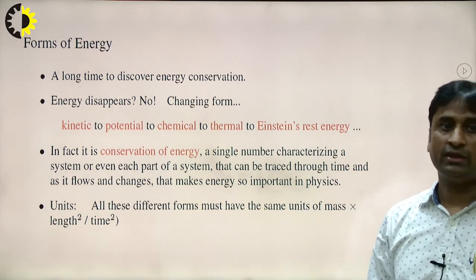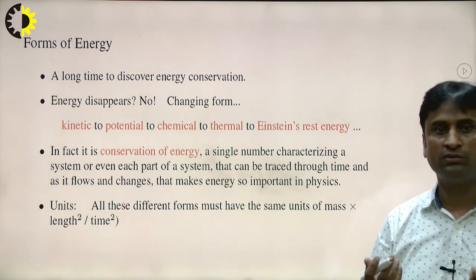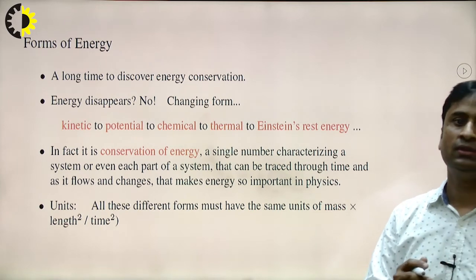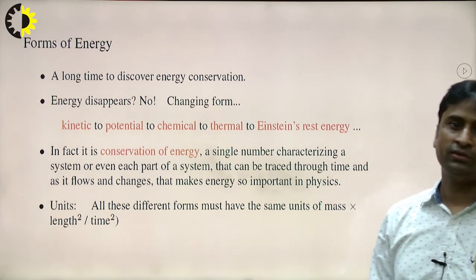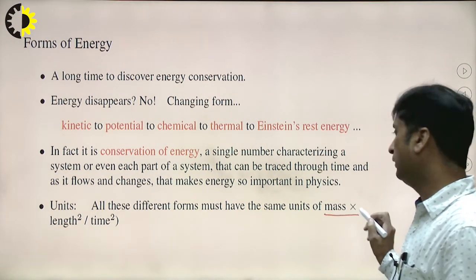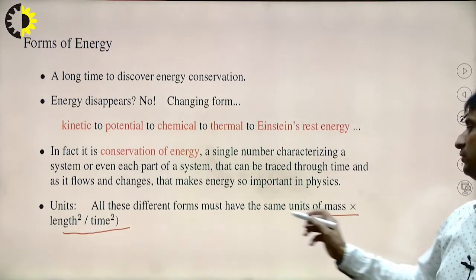So conservation of energy is a single number characterizing a system or even each part of the system that can be traced through time as it flows and changes. Its unit is mass into L square by T square. All these different forms have the same unit.